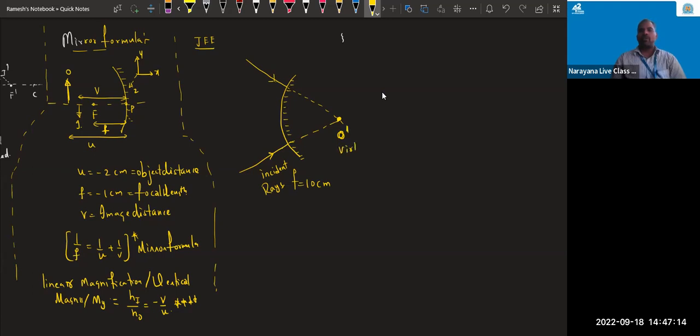Very good, virtual object. Virtual object. So what is that virtual object distance? Some 10 centimeter. Find image distance. Come on, quick. Find image distance.